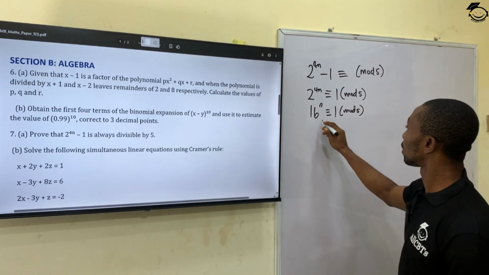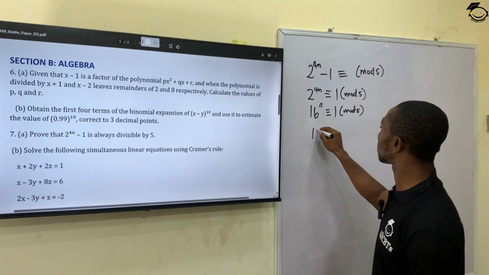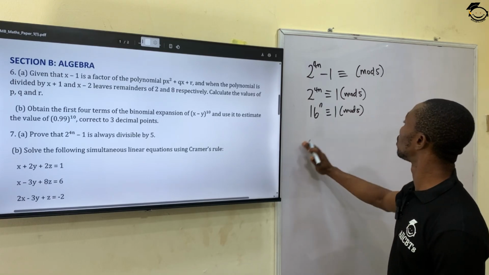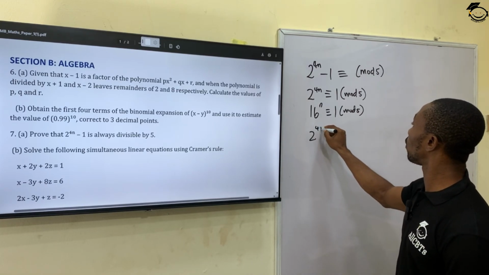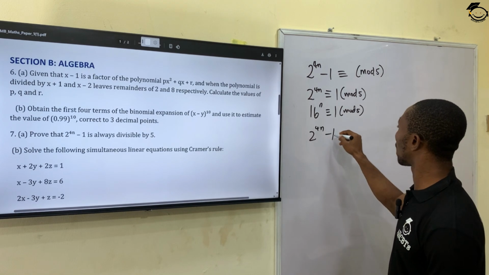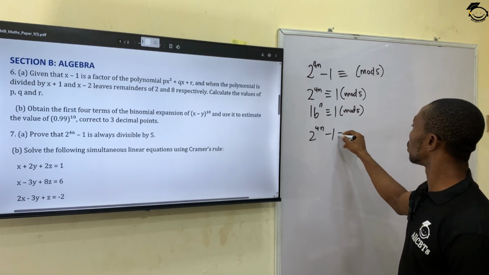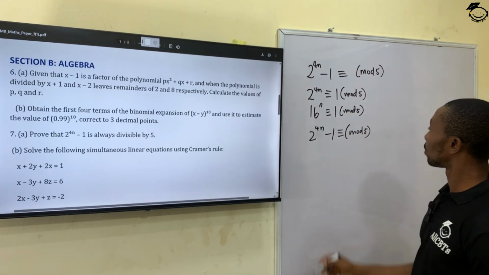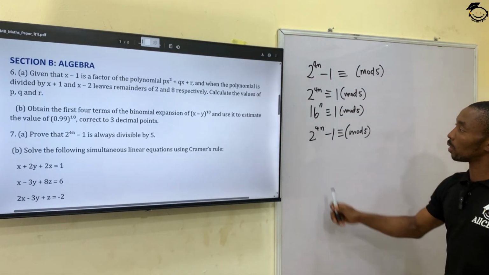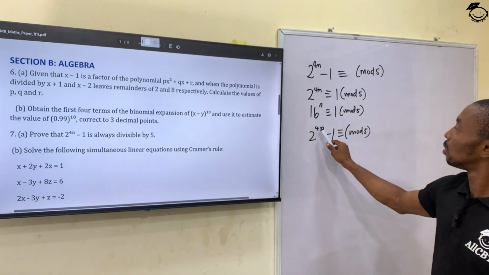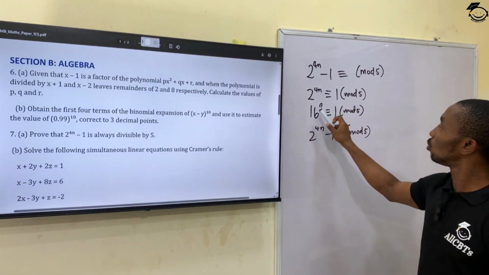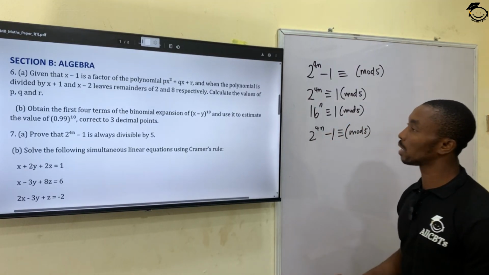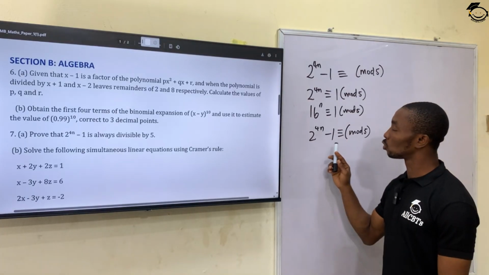So we can see that 16 raised to the power n, or 2 raised to the power 4n minus 1, is always divisible by 5. Because whatever we raise this power to, it will still have a remainder of 1.